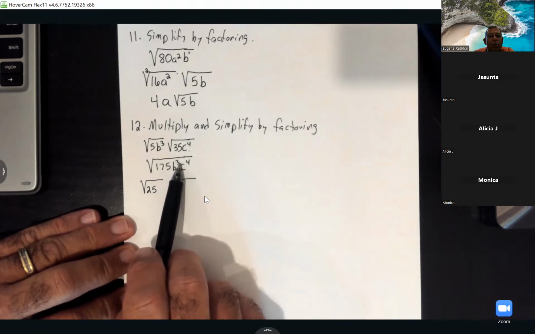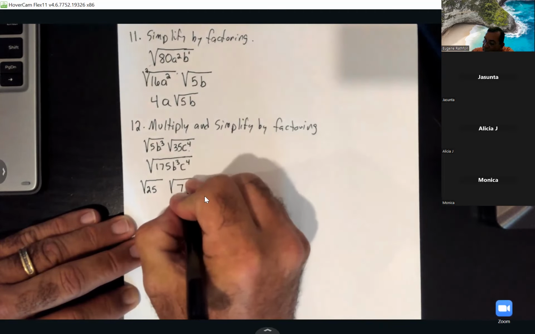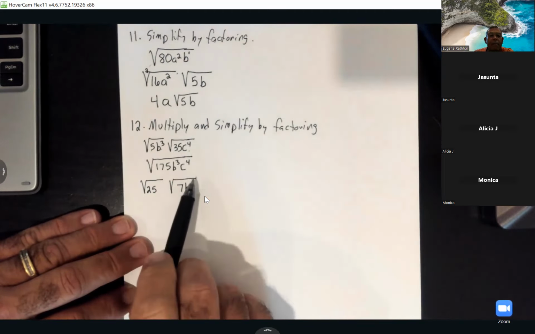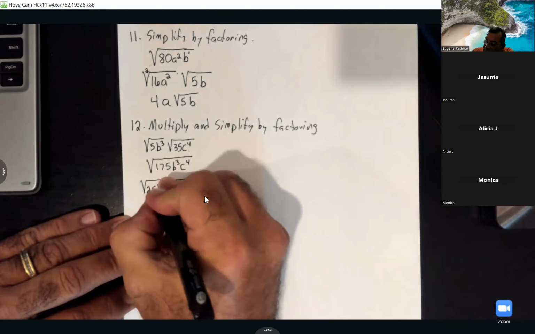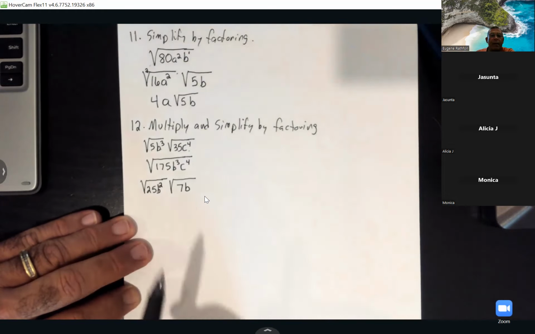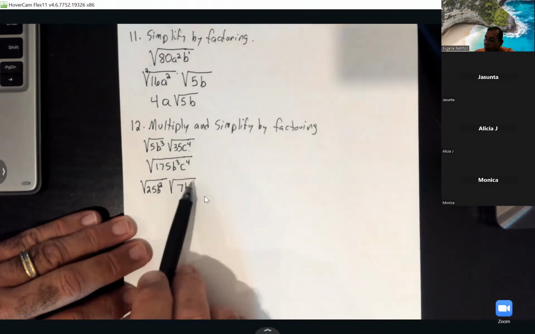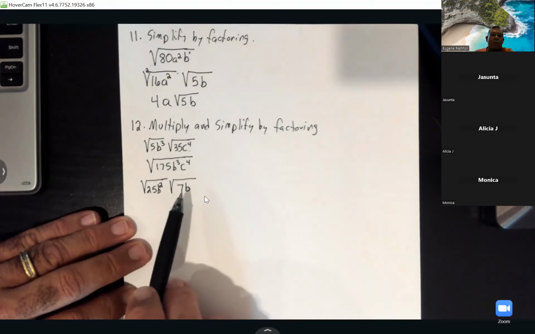So when you have an odd exponent, you automatically put one of the b's over here. So if you take one b away, that's going to leave the other two b's in the first radical. So if that was a 5, I'd put 1 and 4. 7, I'd put 1 and 6, and so on.